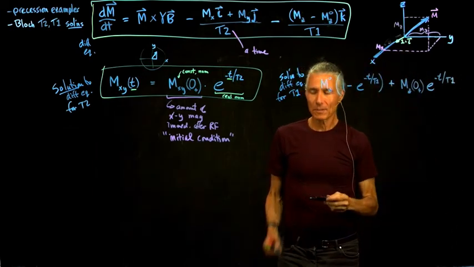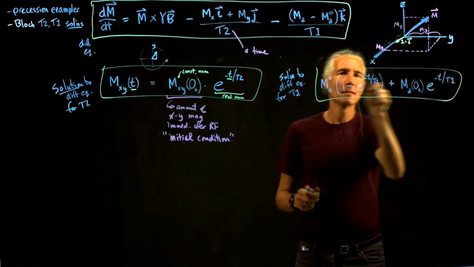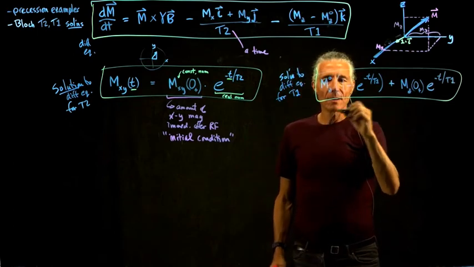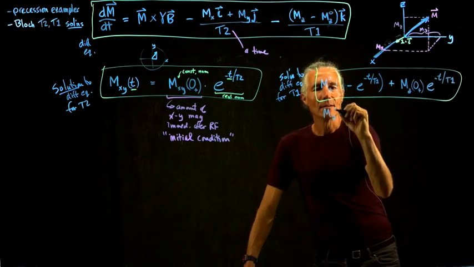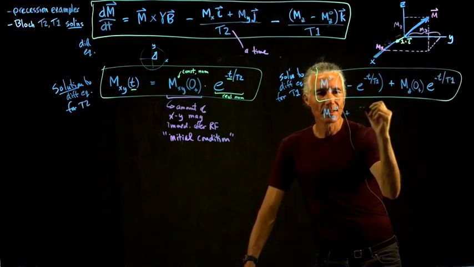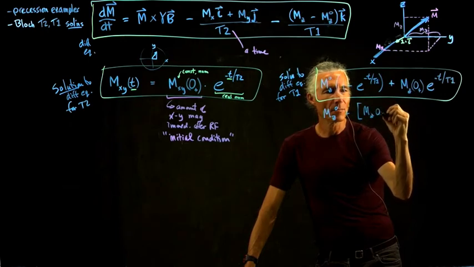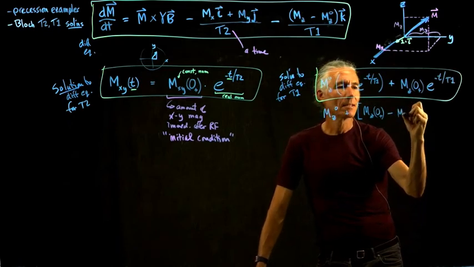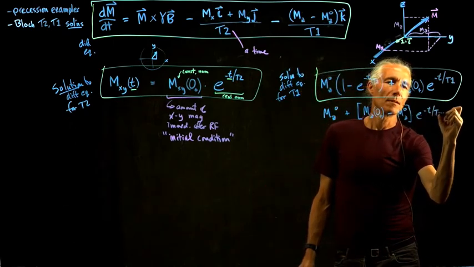Now that's one way to write it out, but you can multiply out the terms and get a different way of writing it. You'll see in some textbooks, Mz0+, the terms multiplied out. So here's Mz0+, that's that constant, that initial condition, minus M0, which is the equilibrium magnetization, which is another constant, times e to the minus t over T1.